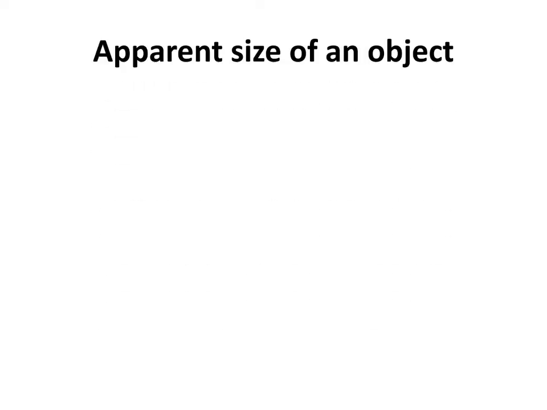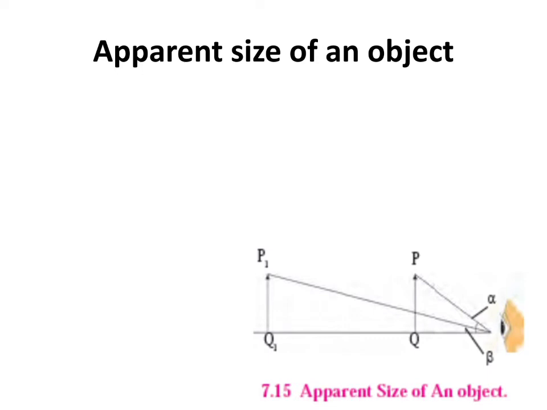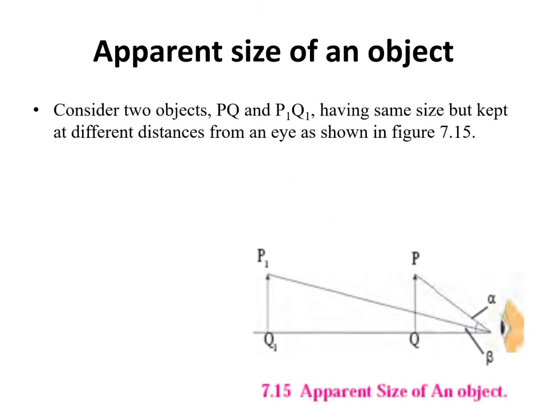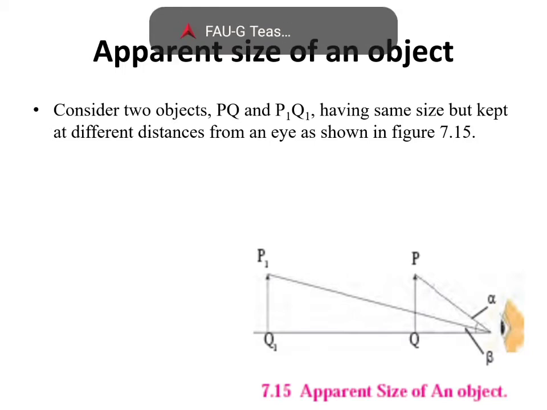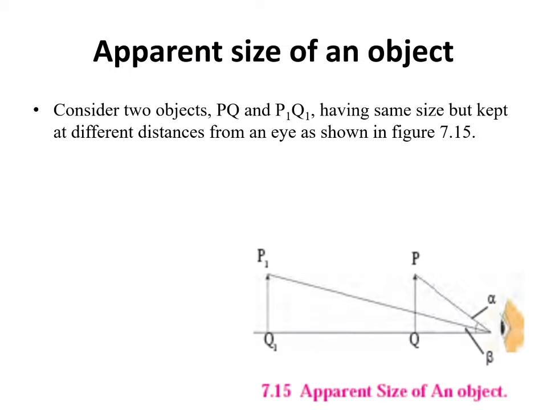So today the first topic is the apparent size of an object. So you can see the object, that is PQ. Consider two objects PQ and P1Q1. These are two objects of the same size, but they are kept at different distances from our eye.